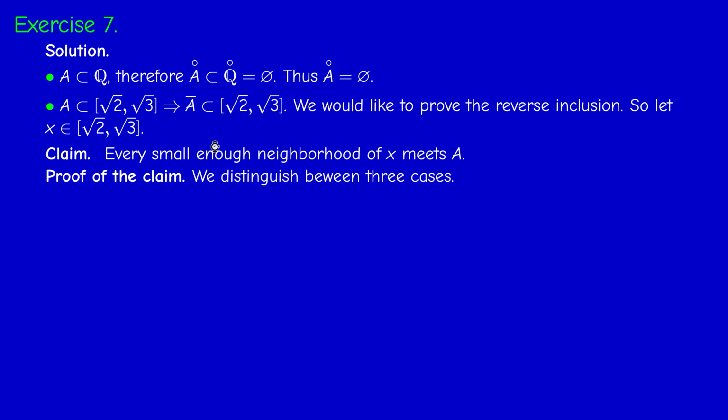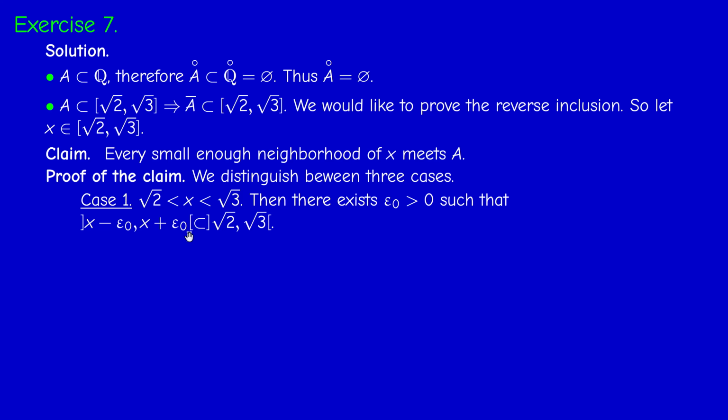So we distinguish between three cases. First case, X is strictly between radical 2 and radical 3. Since radical 2, radical 3 is an open interval, it's an open set. So we know that there exists epsilon 0 such that the interval of center X and radius epsilon 0 is contained in radical 2, radical 3. We did that in detail last semester, and we reprove it this year. If you like, epsilon 0 is the distance between X and the endpoints.